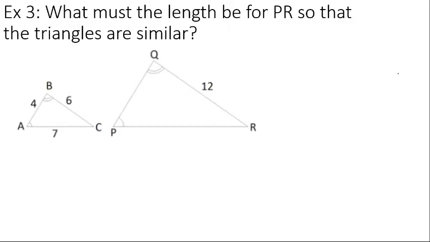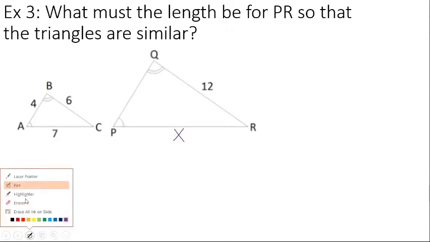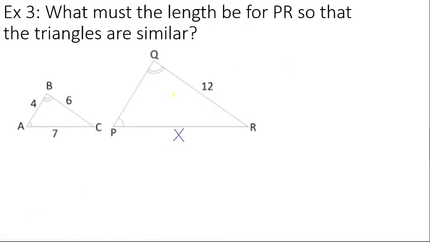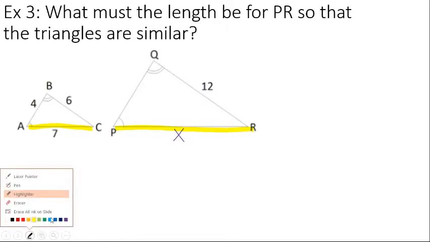Okay, so in example 3 it says, what must the length of PR be so that the triangles are similar? So we know PR is this length right here. So let's call that X. What we do here is we just pick two of the sides. So we know PR goes with 7. And then we just pick one more side that we need.